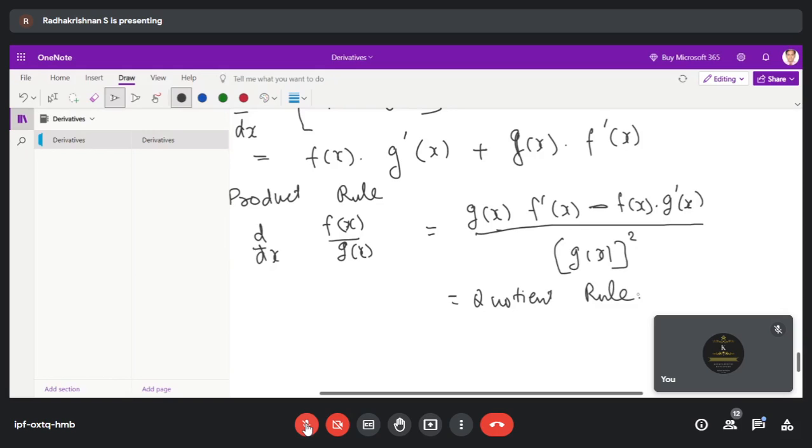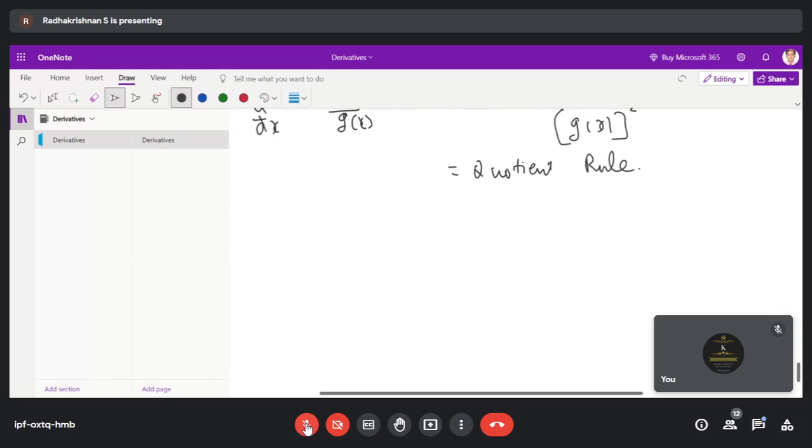There is another rule called the chain rule. We will come to that. But let's do some basic problems from this, and I want to tell you the derivatives of some elementary functions.